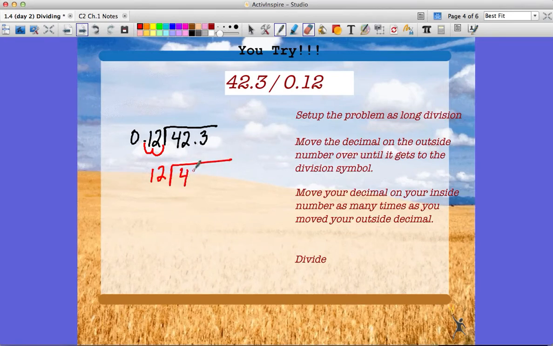I would show these steps at the beginning just to make sure we're doing everything correctly. Then I need to move that decimal another 2 places on the inside, just like I did on the outside. So my new problem becomes 12 on the outside, 4,230 on the inside, because we have to add that extra 0.